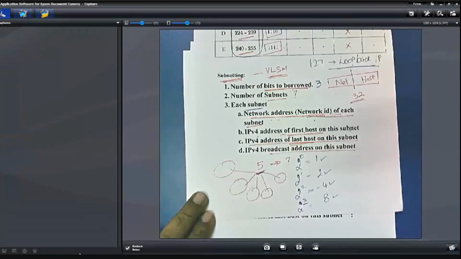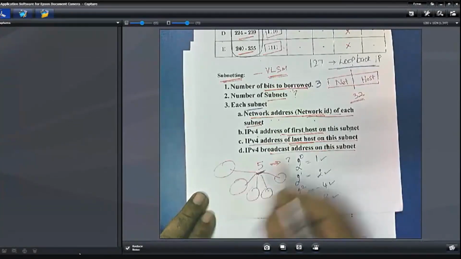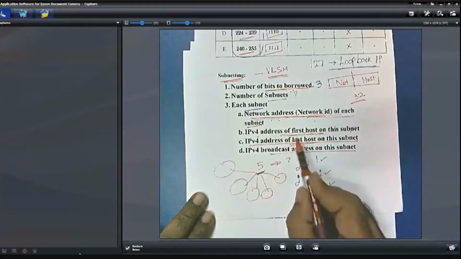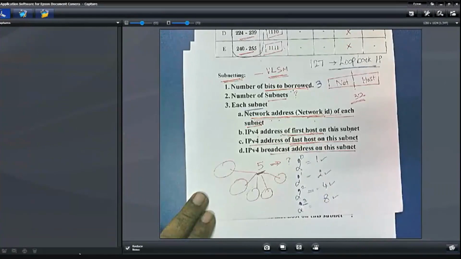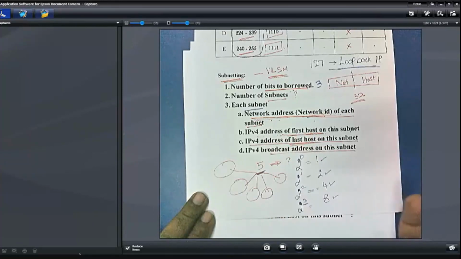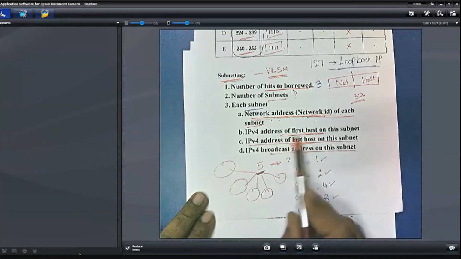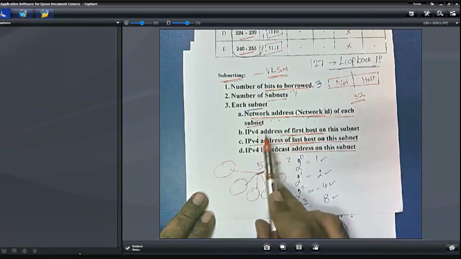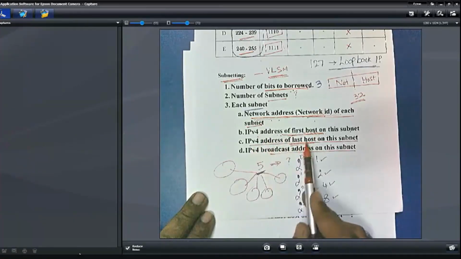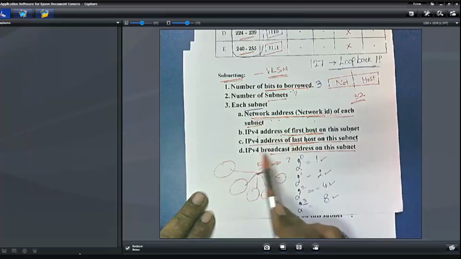For every subnet, you have to find the network address, the first host address. They will play with English, that's it. IP address of the first host or first host address, both are the same. Then the IPv4 address of the last host, the IPv4 broadcast address.